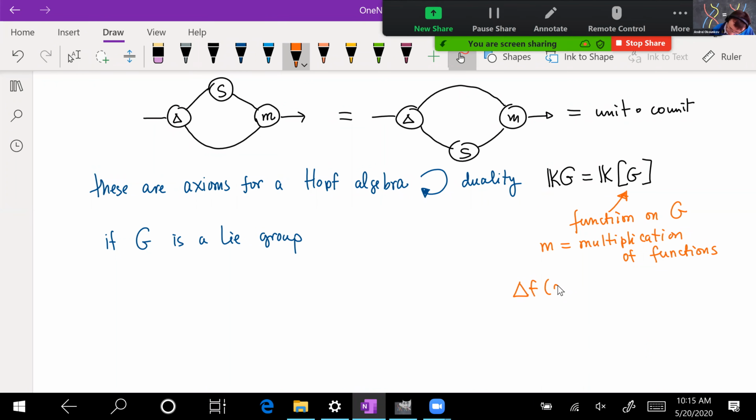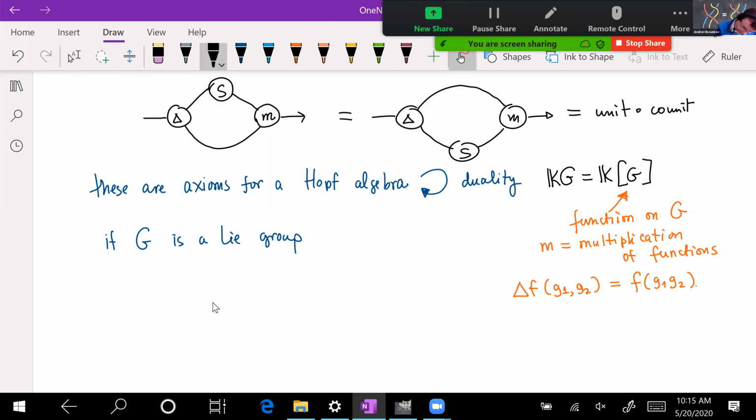So if I want to evaluate it on a pair of elements, what choice do I have? I just evaluate it on the product. And you can check this as an exercise. This is exactly the dual structure.